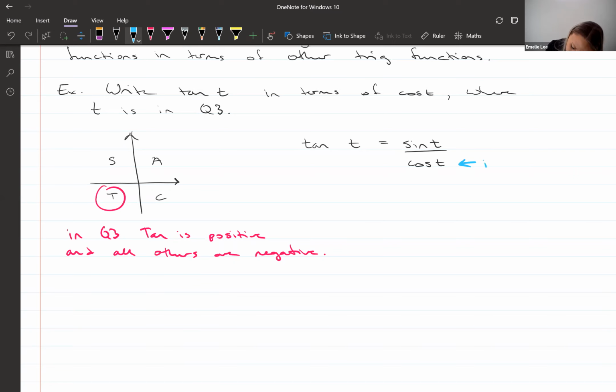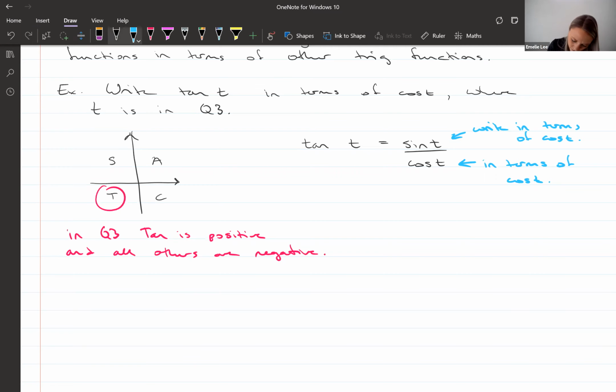We're going to rearrange everything until we are only working in terms of cosine of t, which is what this question is asking us to do. So I'm going to transform sine of t into something that is related to cosine of t.